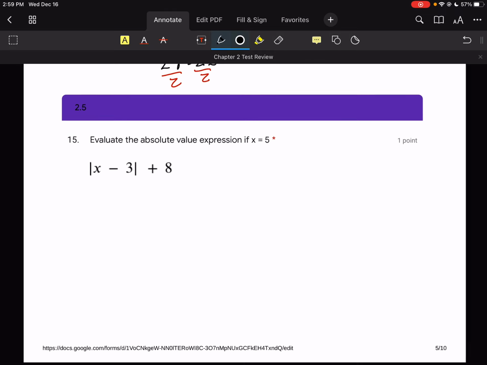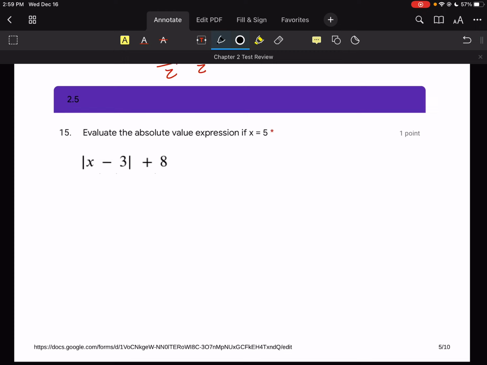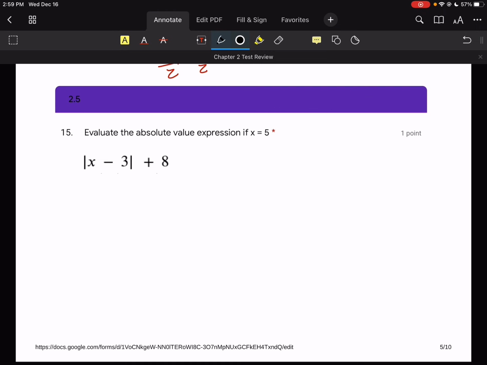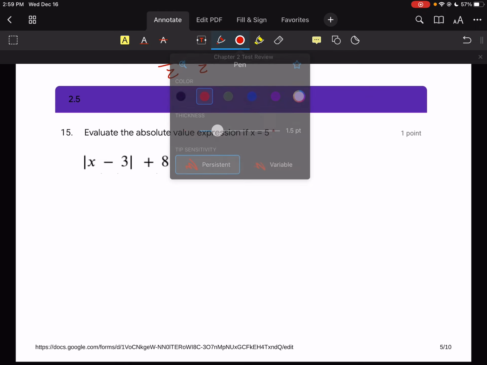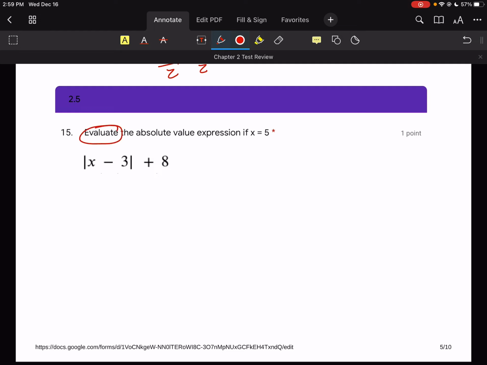All right, now we are in 2.5 where we are evaluating absolute value expressions. So when I evaluate, I'm just going to plug in. And the value I am plugging in is that x is equal to 5. So I'm just going to exchange that x for a 5, and everything else stays the same.